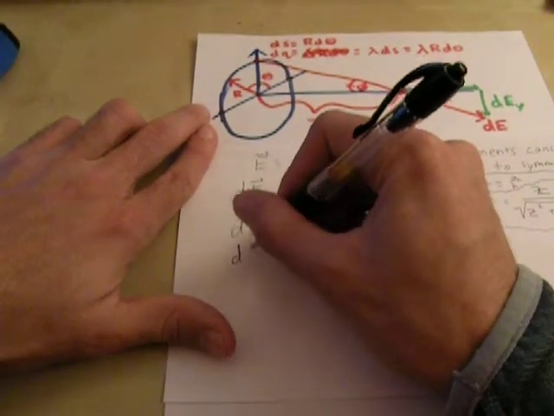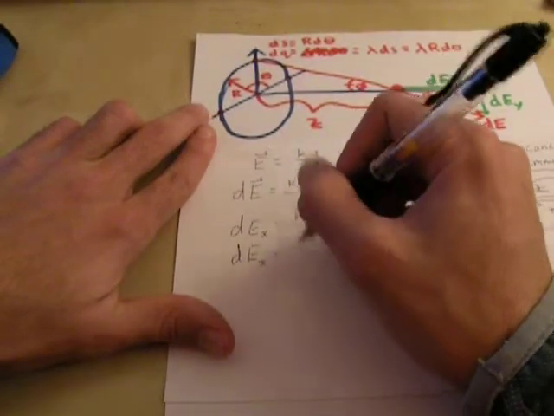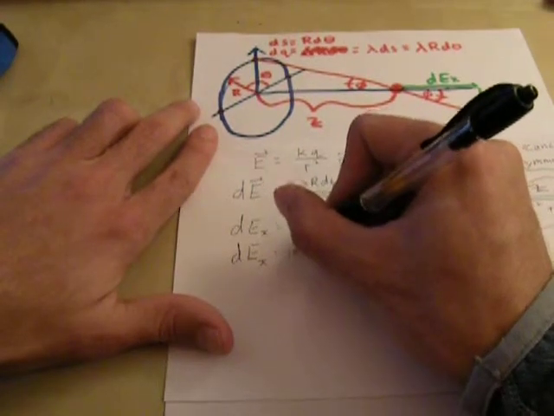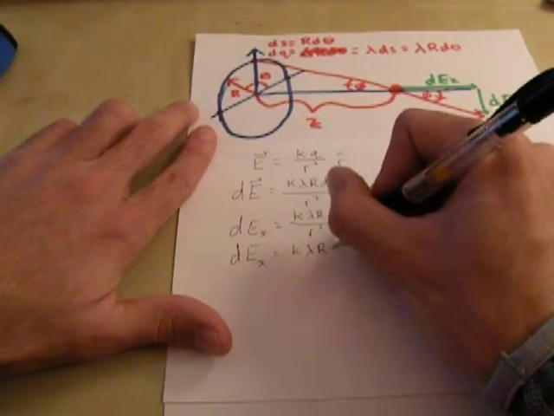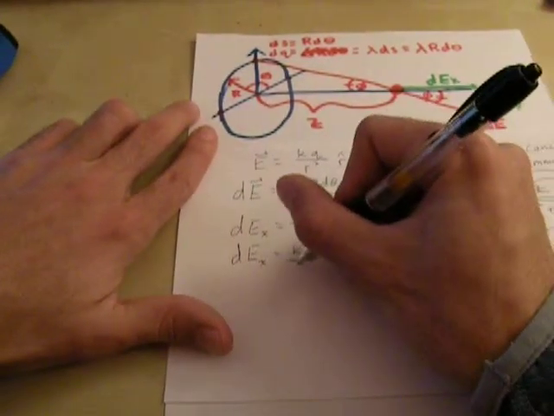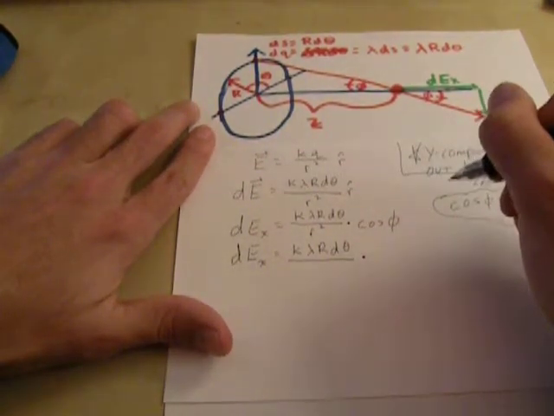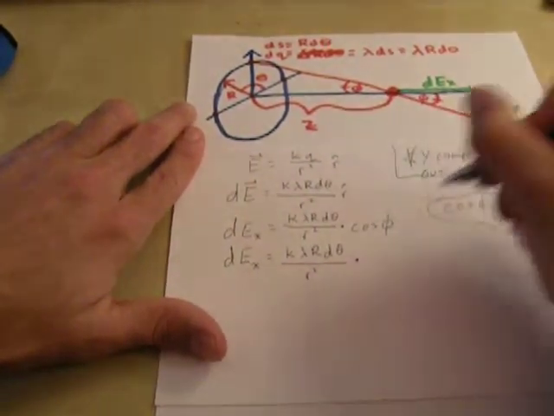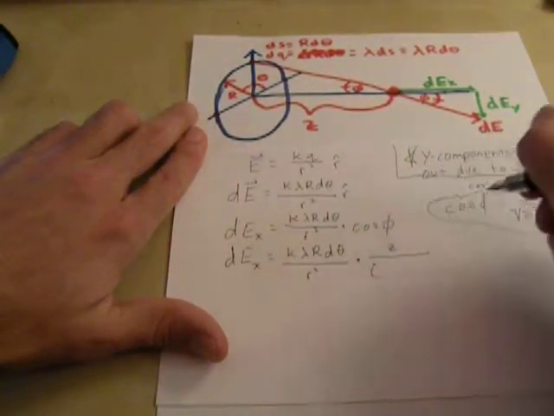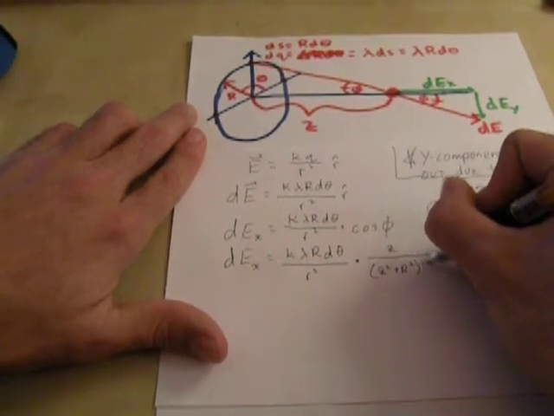So dEx is equal to k lambda r d theta over r squared times z over z squared plus r squared to the 1/2 power.